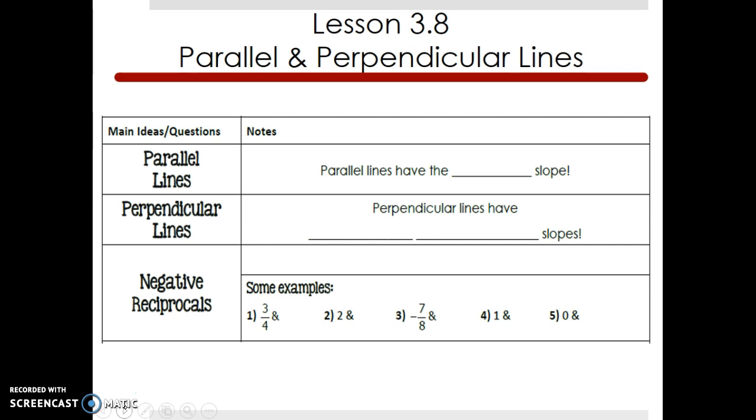So if you remember, parallel lines have the same slope. And perpendicular lines have negative reciprocal slopes.